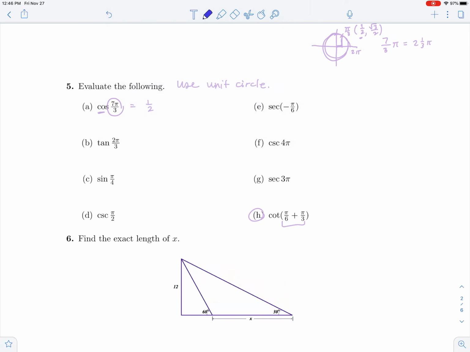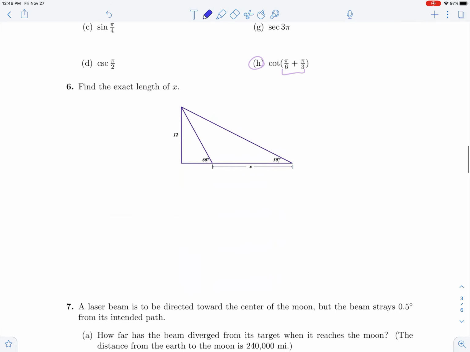For this next problem, we have basically a pretty basic setup, and I want you guys to work at it. What you're going to have to do to solve this is use trigonometry, obviously, because there's angles involved. So you want to look at the two different right triangles that are here.